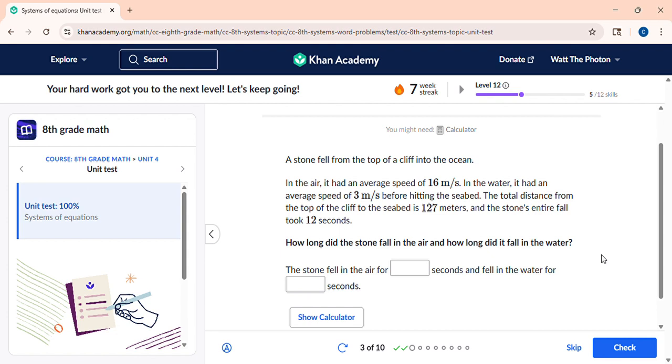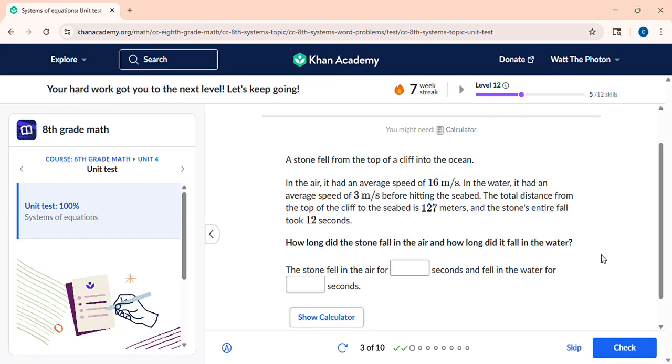So the total distance from the top to the seabed is 127. Here I had 16, here I had 3, and the entire trip took 12 seconds.